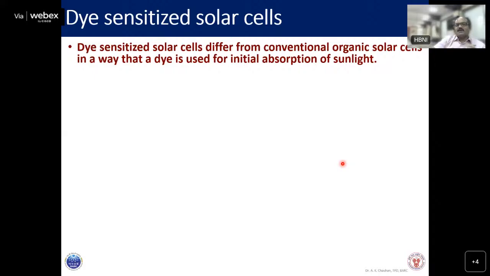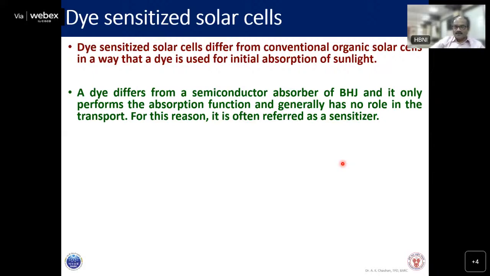A dye is, you can say, a color used for initial absorption of the sunlight, and once the dye has absorbed the radiation, the dye becomes excited, and the electrons will be extracted from the valence band, and the hole from the conduction band, or LUMO, you can say, HOMO or LUMO, and they will be utilized to generate the photovoltaic effect.